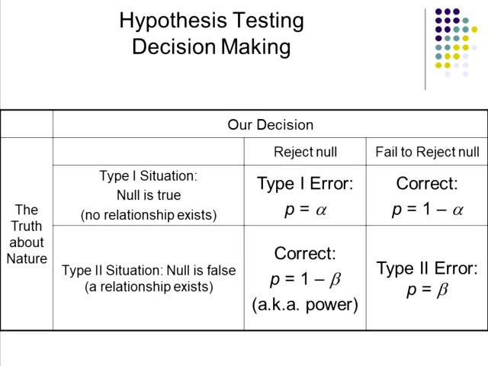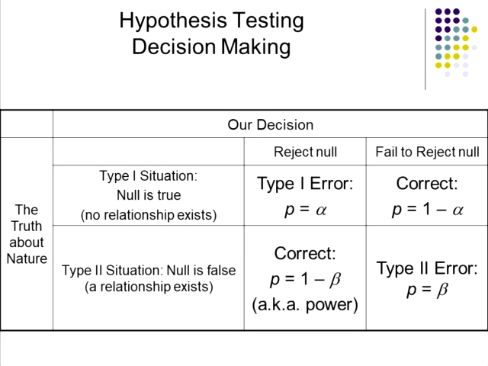It's absolutely straightforward. If you look at the bottom row, the type 2 errors and the bottom corner correct are also direct. One is beta, one is 1 minus beta. So again, if you do something to increase the type 2 error rate by 0.05, you'll decrease correct by 0.05. A very, very direct relationship.